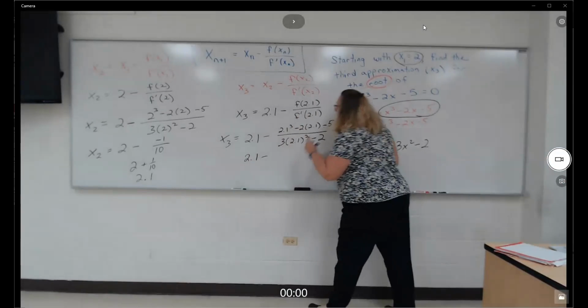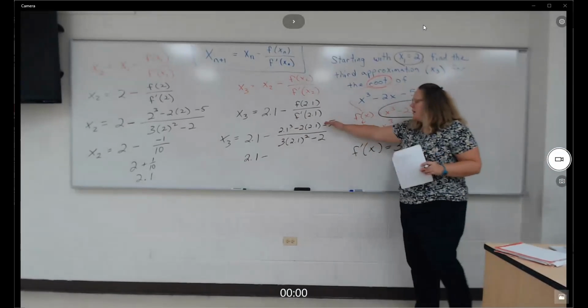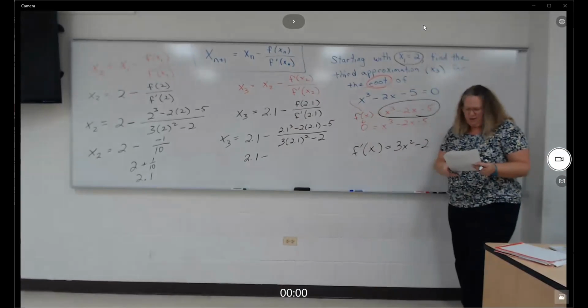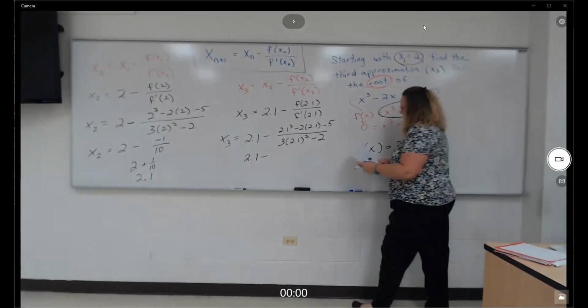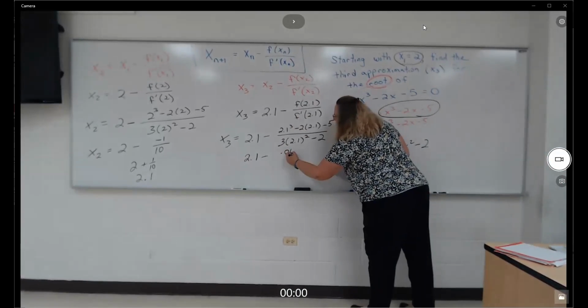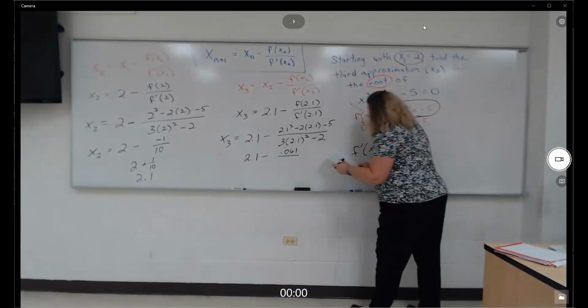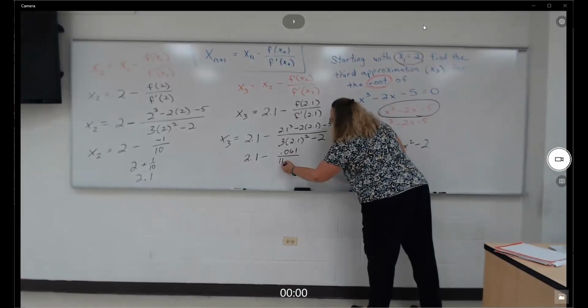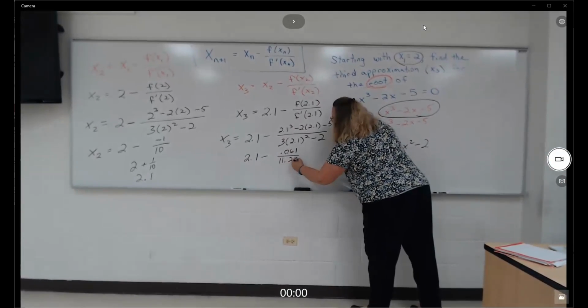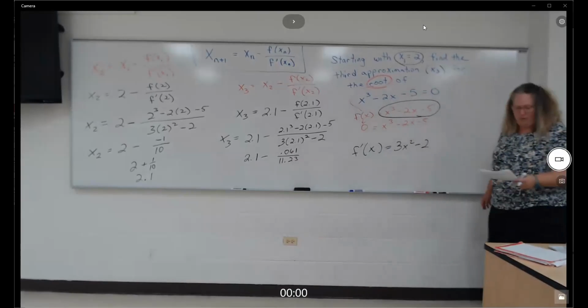I did it separately, so I did the numerator and the denominator. I got 0.061 over 11.23. And I'll be honest, I don't know if I rounded those.